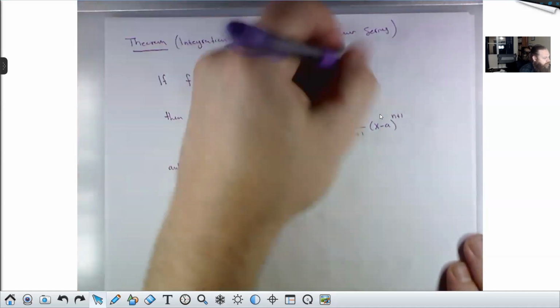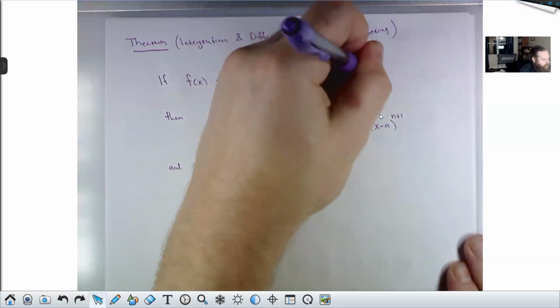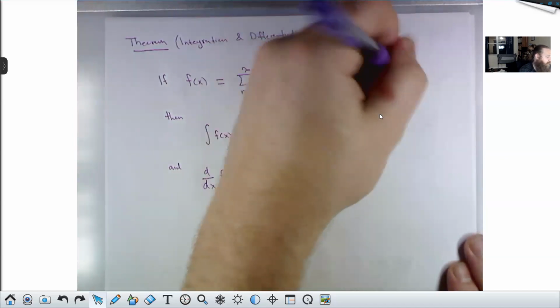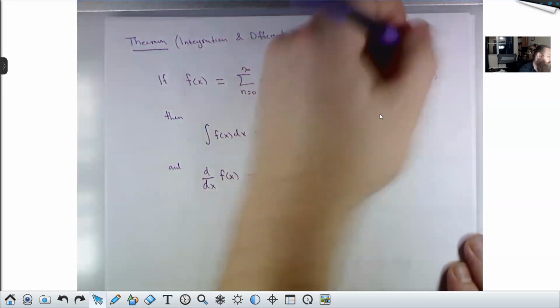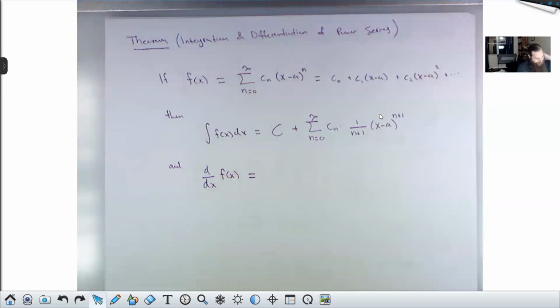The original series is C0 plus C1 times x minus a plus C2 times x minus a squared, and so on. When we integrate, we pick up a new constant. This piece would have become C0 times x minus a, or C0 times x, depending on your center. This piece would become C1 over 2 times x minus a squared, and so on. When you integrate, you pick up a new constant. That's this guy.